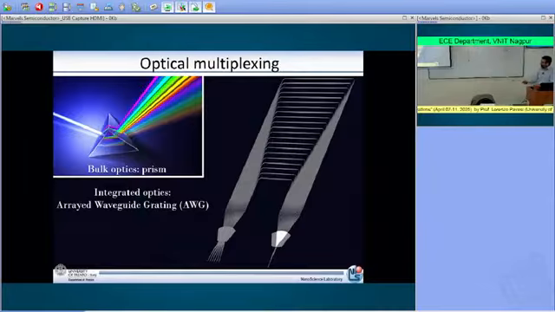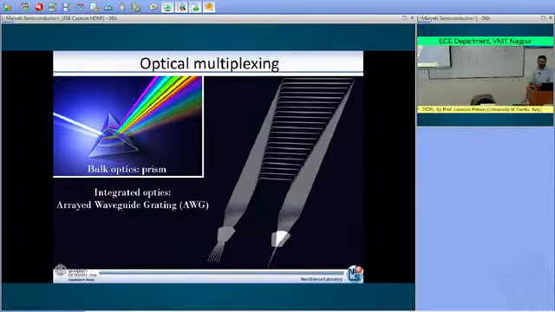Okay? And then you have a central part where each one of these waveguides has a length difference with respect to the nearby waveguide. Here you are increasing the length of the waveguide by a given length. This increase in length causes a different phase shift between the light traveling along all those different waveguides.